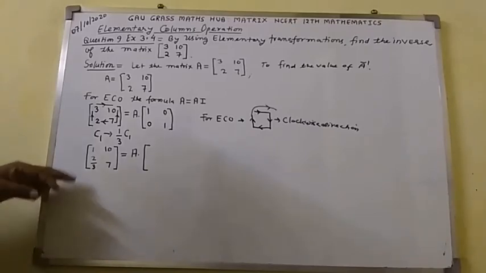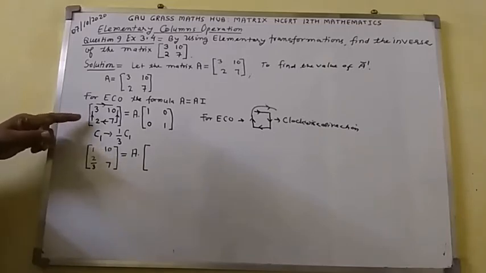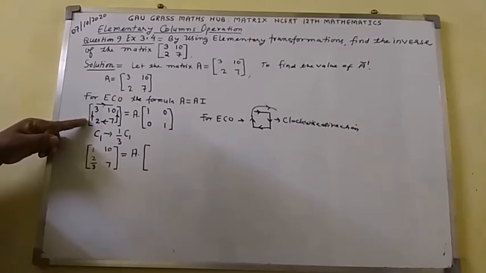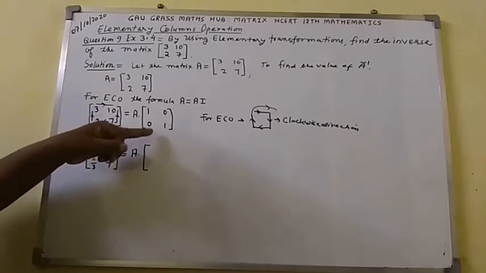The theorem is that whatever changes occur in the given matrix here, the same operations will be carried out in the identity matrix here.